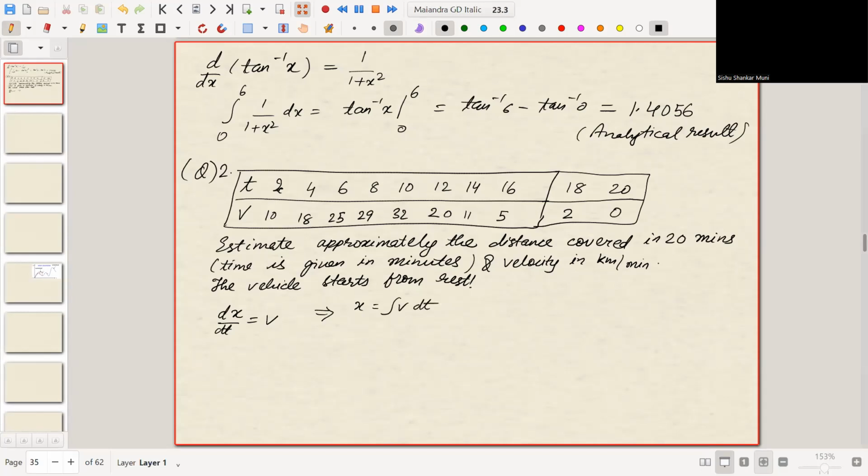So you can see how the integration is coming into the picture. Now you don't have any function, you only have a data set. How can you use the methods which I have taught to compute the integration? If you compute the integration, you get the distance. So how do you integrate, provided that you have been given a data set?